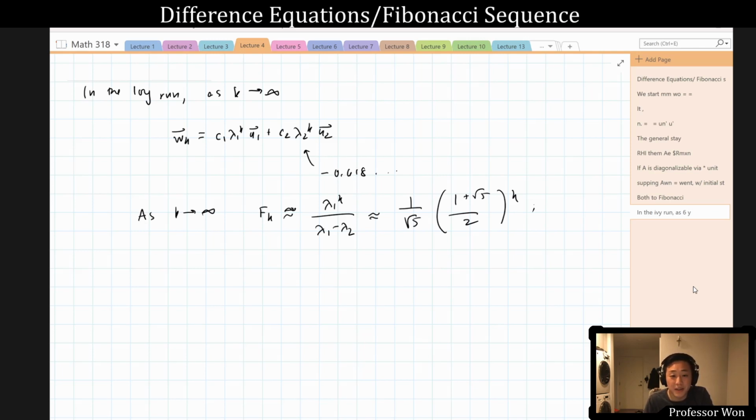You just raise a single number to the kth power and multiply by 1 over root 5. And the point to note here is that the long-term behavior really only depends upon the largest eigenvalue. That doesn't sound that deep, but it turns out that has a lot of really important consequences.